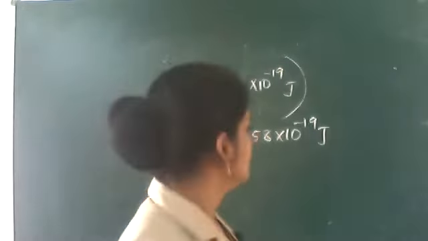Lambda is equal to h c by delta E. H is equal to 6.6 into 10 to the power minus 34 joule second. C, velocity of light, that is 3 into 10 to the power 8 meter per second, divided by 4.58 into 10 to the power minus 19 joules.